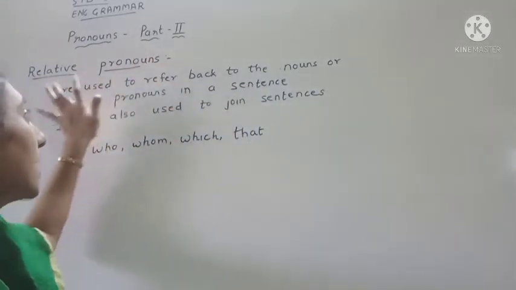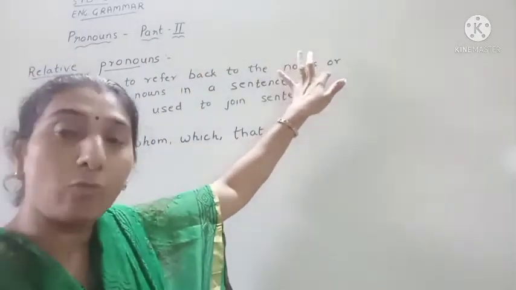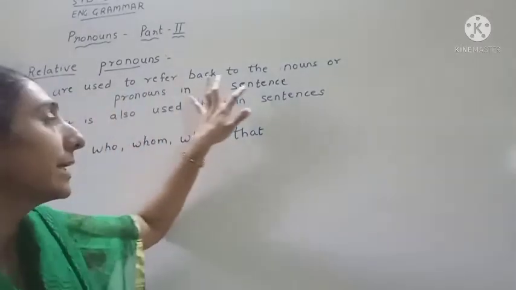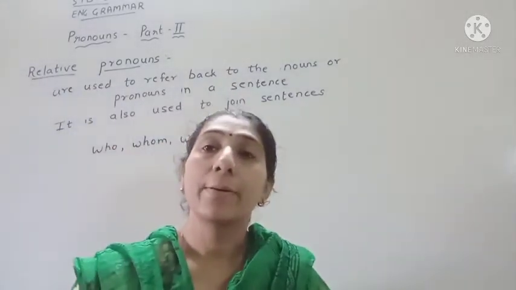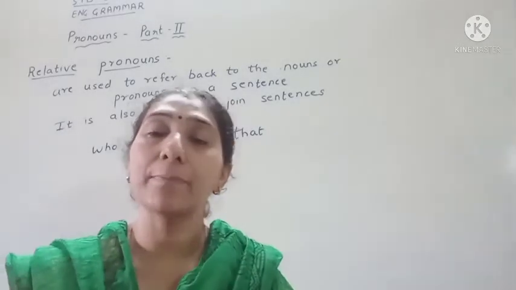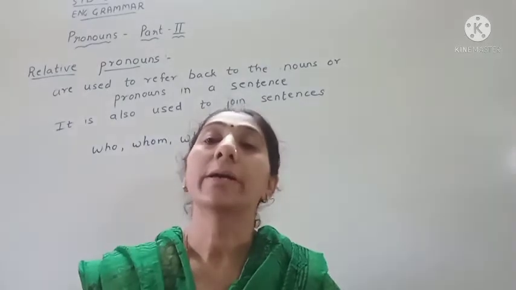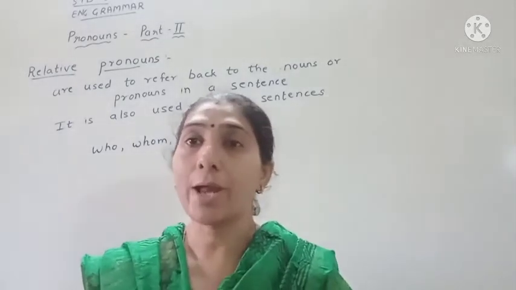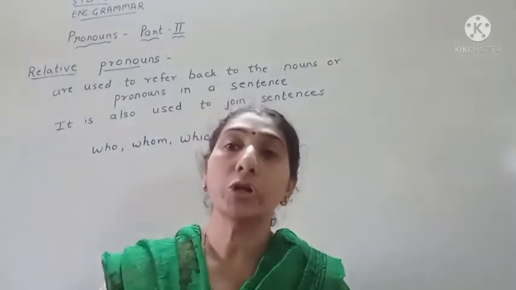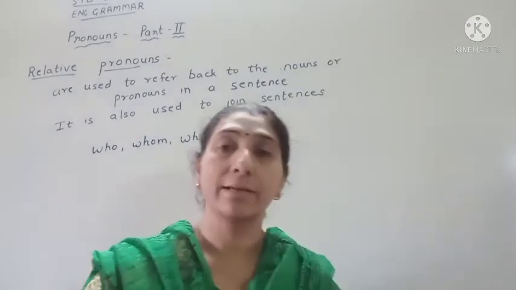Relative pronouns are used to refer back to the nouns or pronouns in a sentence. That means we are talking about the same person in the sentence. That is called a relative pronoun. It is also used to join two sentences.